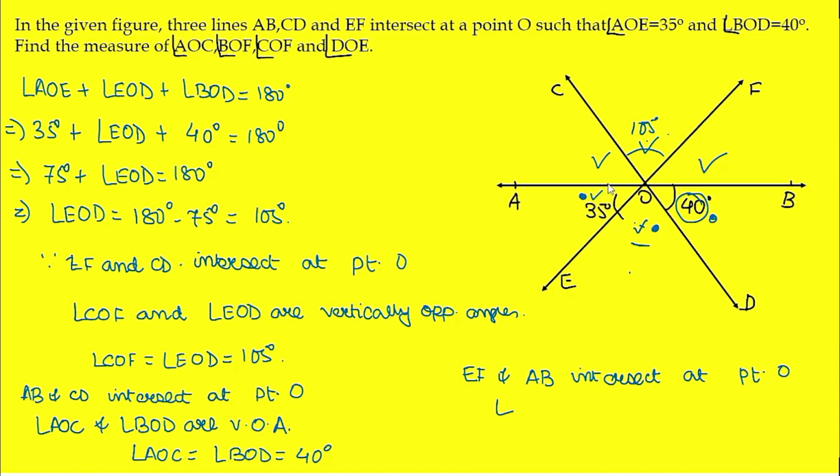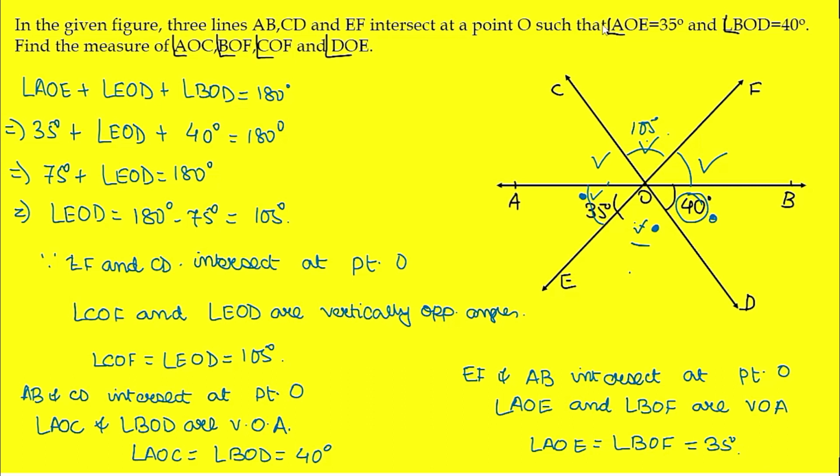What are the vertically opposite angles formed? This angle and this angle are vertically opposite angles. So angle AOE and angle BOF are vertically opposite angles. So angle AOE equals angle BOF, which gives us 35 degrees.